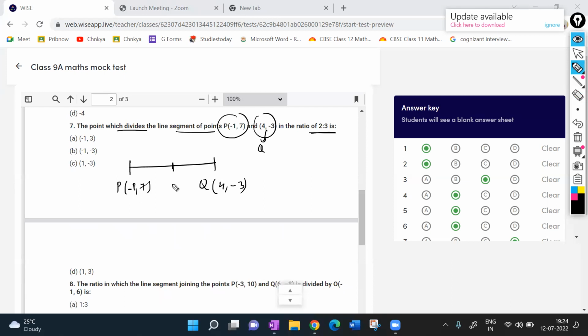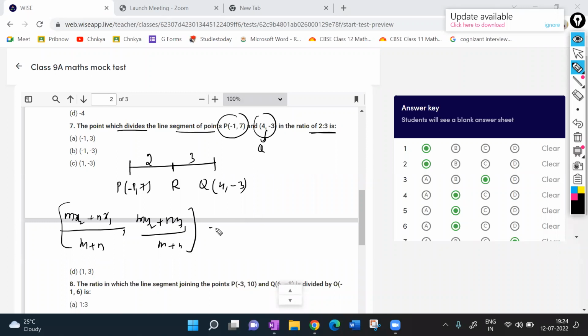Let's say there is a point called R, which divides in the ratio 2:3. Okay, whichever ratio. Let's talk about internal division. So (mx2 plus nx1) divided by (m plus n), comma, (my2 plus ny1) divided by (m plus n). All right, beta.